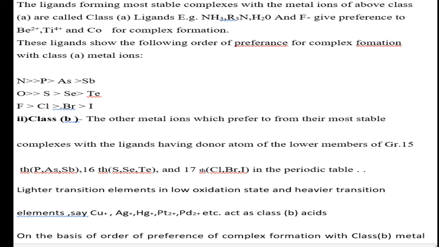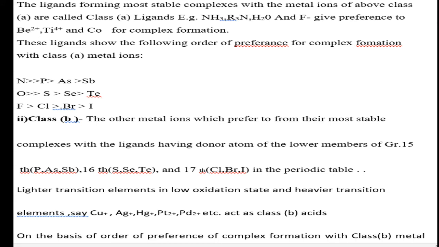Examples in this category are amine, ammonia, water and fluoride, which give preference to beryllium in plus 2 state, titanium plus 4 and cobalt plus 3 for complex formation. These ligands show the following order of preference, which you can see on the screen, for complex formation with class A metal ion.